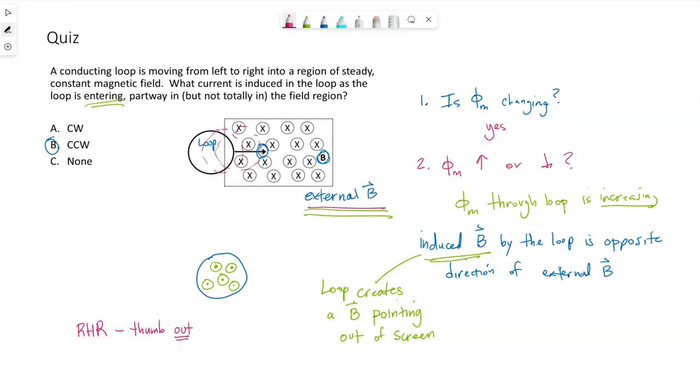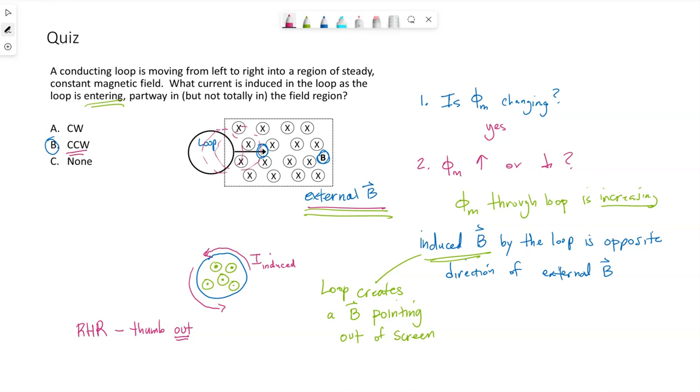So in this case, we know the induced magnetic field needs to point out of the screen. So point your thumb at yourself and make sure it's your right hand. If my thumb is pointing at me, my fingertips are curling this way. That means the induced current is flowing counterclockwise around this loop. That's where we get B as our answer.